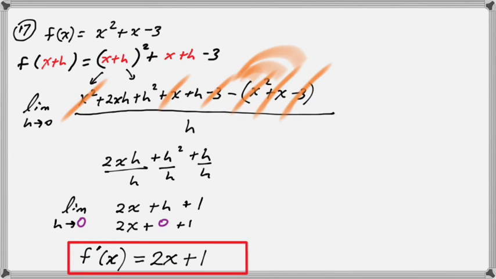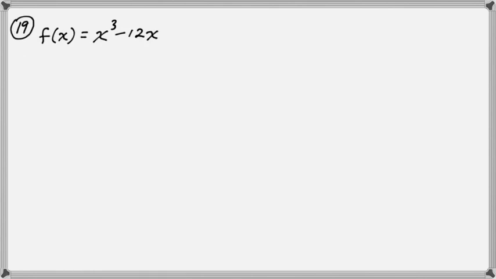Okay, 17 was a quadratic. I would ask you that. I probably would not ask a cubic. It's not that hard, but you do have to know how to cube a binomial. So when you replace every x with x plus h, you end up with, no, I'm sorry, this is a cube, right?